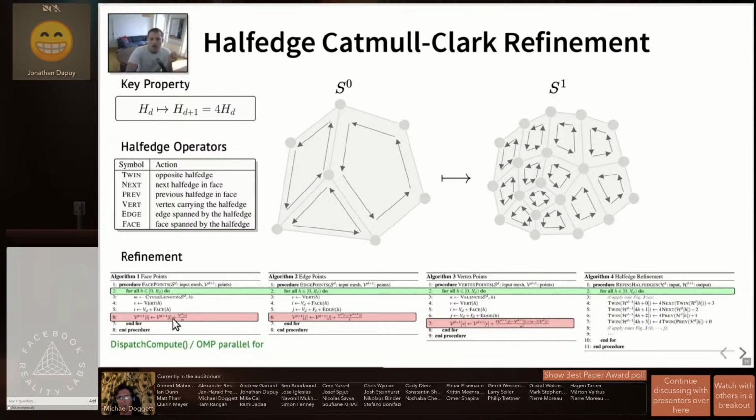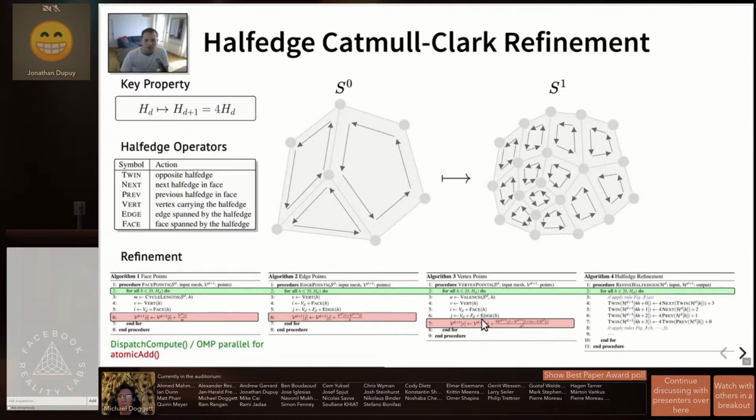So we discussed 2 implementations in our paper. We have an OpenGL-based one where we parallelize the for loop using a dispatch compute. So we wrote 4 compute shaders that are invoked using a dispatch compute over the half edges of the meshes. And we also wrote a CPU implementation that uses OpenMP and a parallel for over the half edges as well.